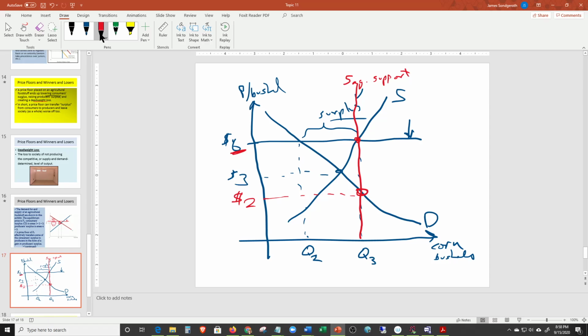And then the economist's idea was, instead of accumulating the surplus or trying to get rid of it, just pay them what was called a deficiency payment. In other words, $6 minus $2 is $4 times Q3 minus Q2. So the government would just pay farmers for the surplus they produced above what they could sell it for. All right?